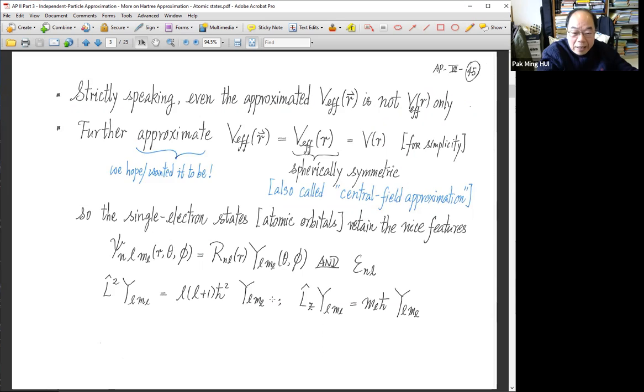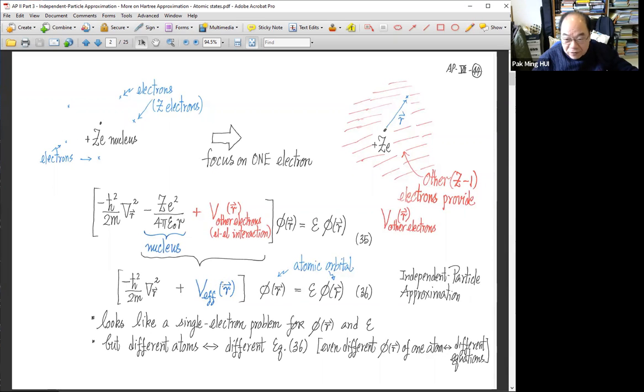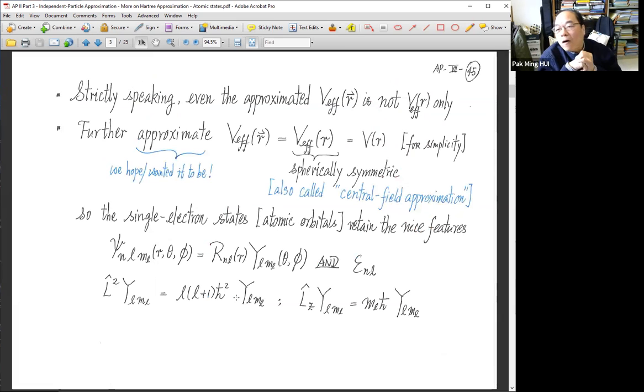So at this point, I have left this effective potential as a function of the position of our single electron coordinate. But this is not a good thing to move on. Therefore, usually there's one more approximation to do.